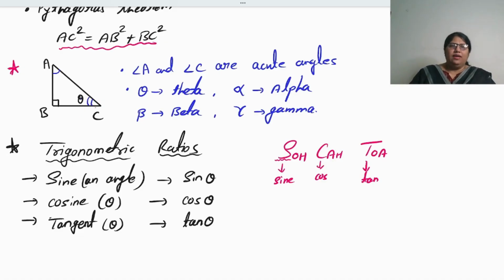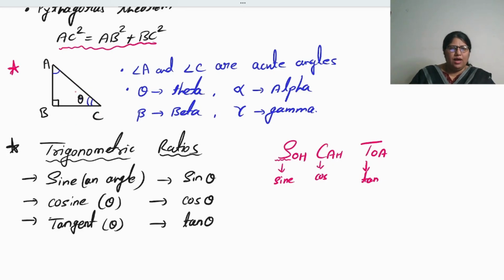Every angle, if you see, say I'm taking angle C here, it is the angle between AC and BC. One of the sides is the hypotenuse, which is the side opposite to 90 degrees.